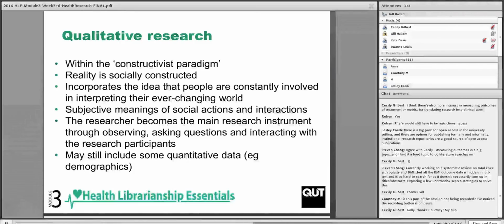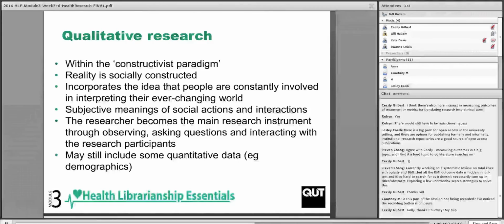It's looking at social actions and social interactions, and the researcher is directly involved in the research as a research instrument, asking questions and interacting with research participants. Quantitative, on the other hand, is more objective. You're on the outside looking in. In qualitative, the researcher is on the inside, being involved in that process.